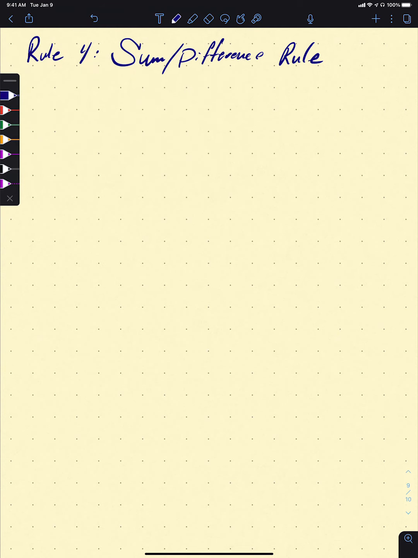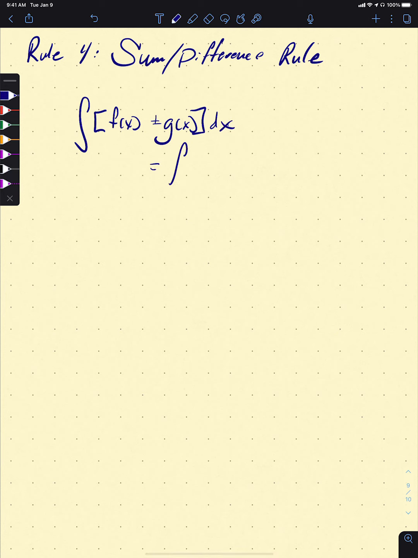And that says that the antiderivative of f of x plus or minus g of x with respect to x, well, that's the antiderivative of f of x dx, and then the related plus or minus the antiderivative of g of x dx, right? If it's plus here, then it's plus here. If it's minus in the first one, it's minus in the second one.